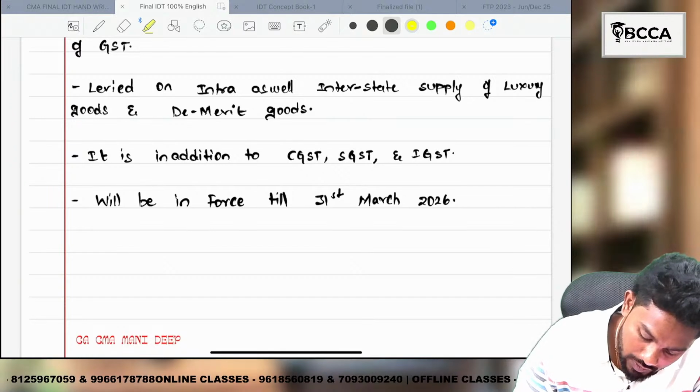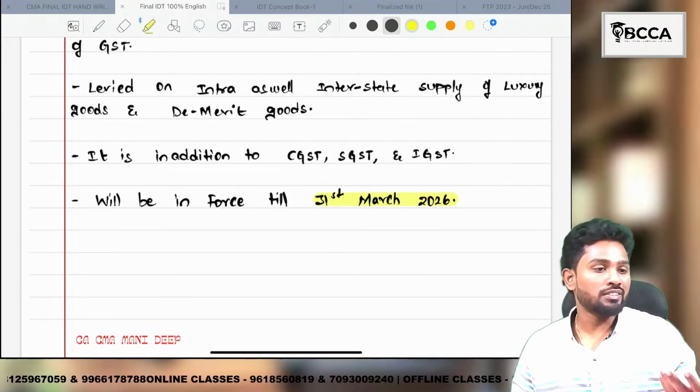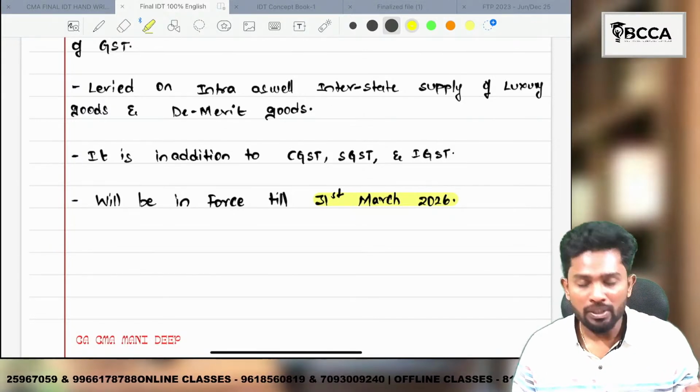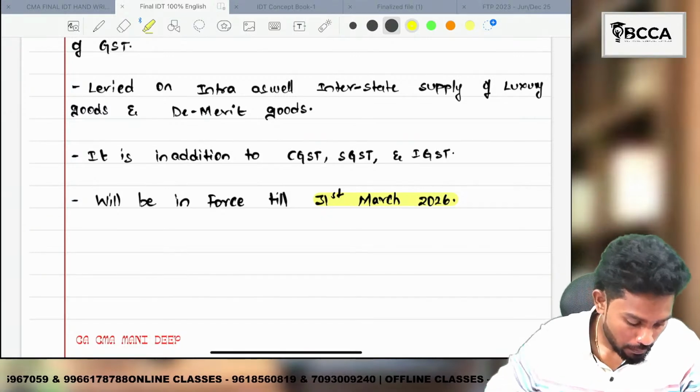So it will be in force till 31st March 2026. Afterwards, maybe it could be extended or it could be completely withdrawn as well.